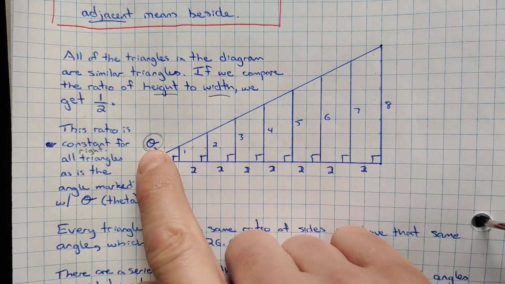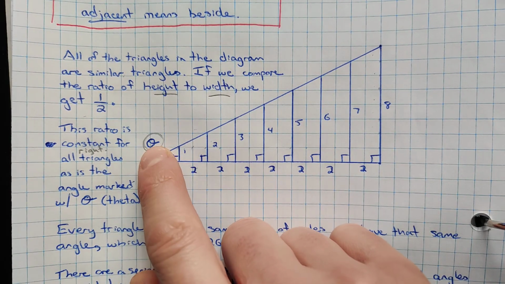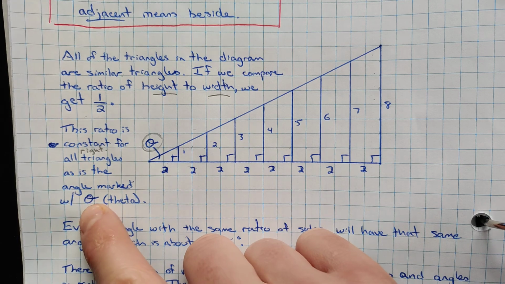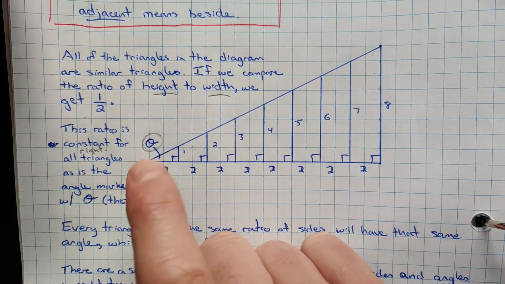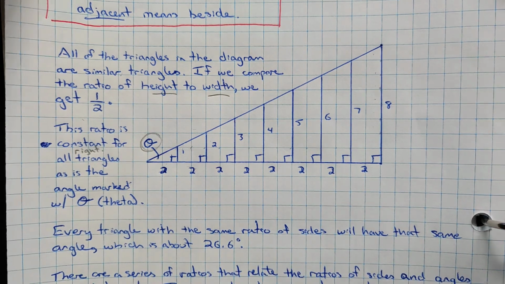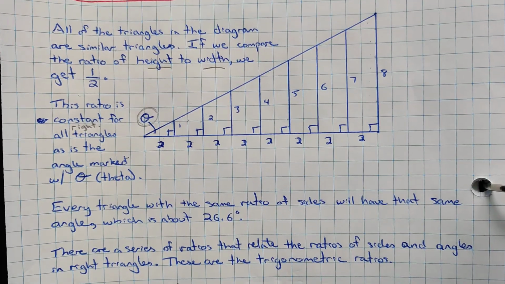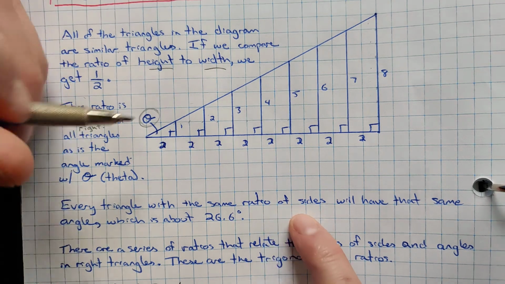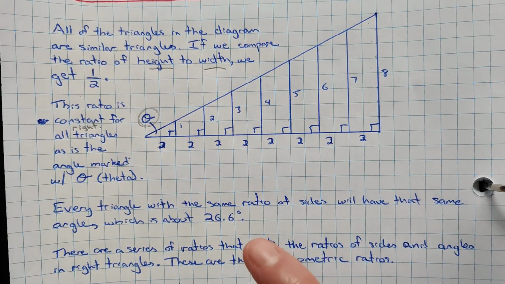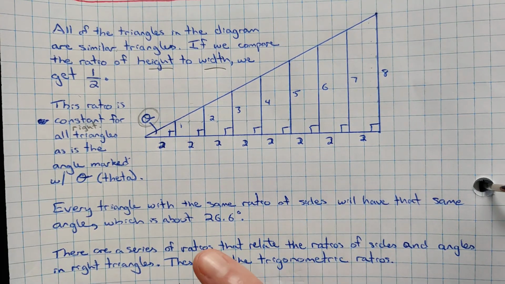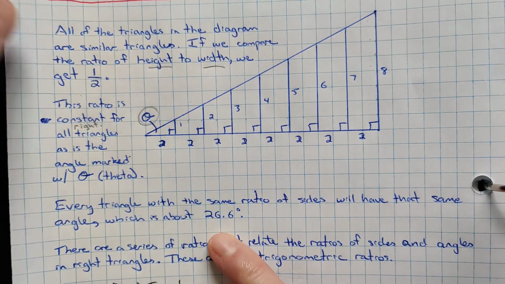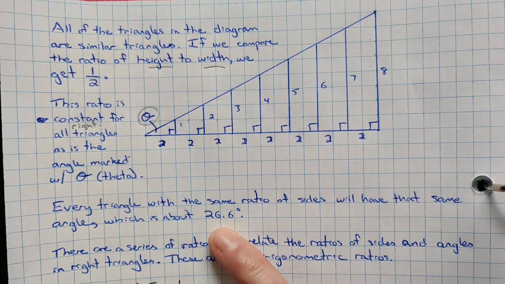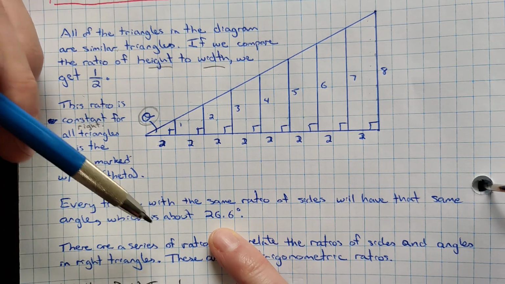And right now we're marking the angle. We don't know what it is, but we're marking it with the symbol theta. It's like a circle with a line through it. It's just a Greek letter that we often use to denote an angle. So every triangle has that same ratio of sides, and we can use that knowledge, and there is a series of values that we've calculated that will determine this, but we'll look at that in a minute.